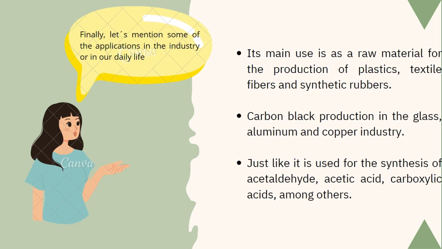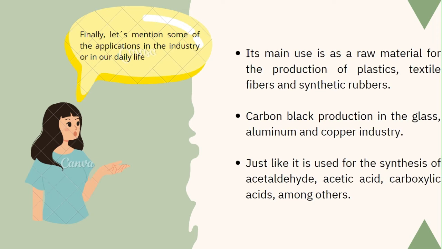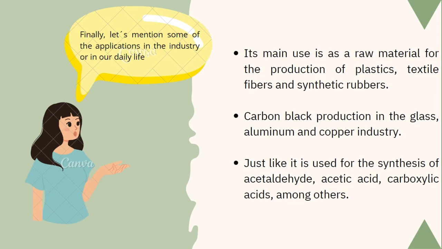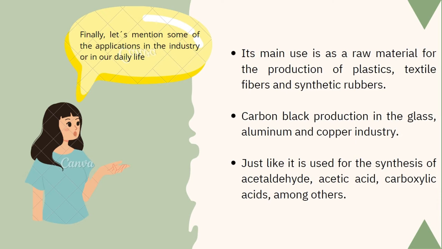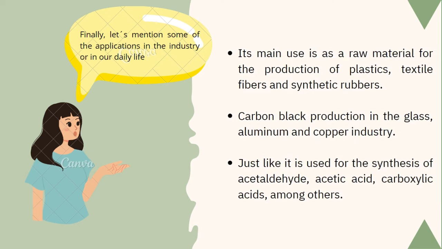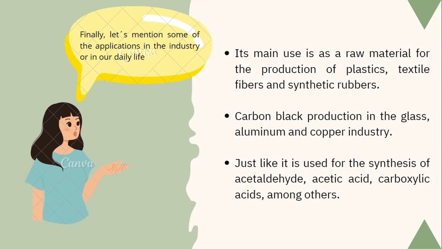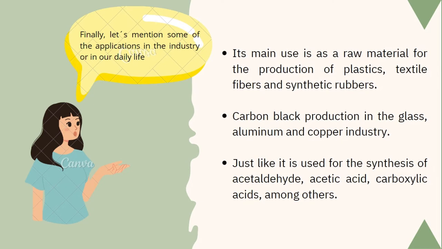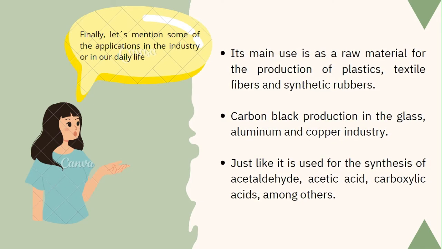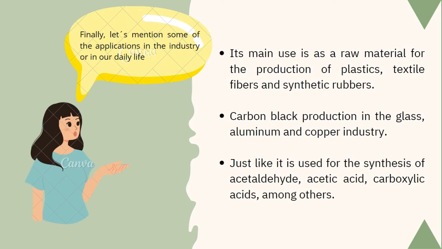Its main use is as a raw material for the production of plastics, textile fibers, and synthetic rubbers, carbon black production, and in the glass, aluminum, and copper industry. It is also used for the synthesis of acetates, acetic acid, carboxylic acids, and others.